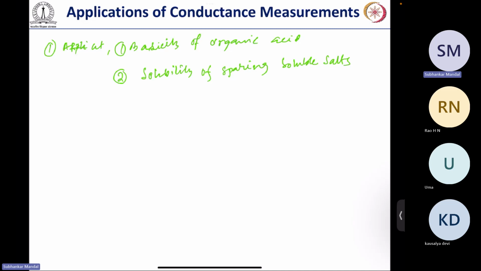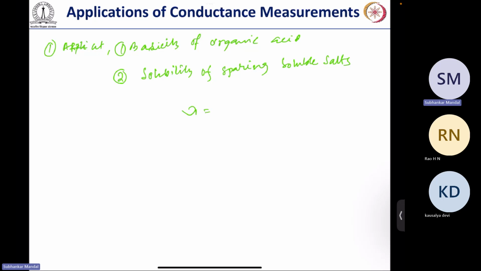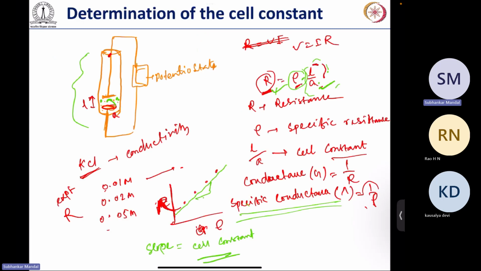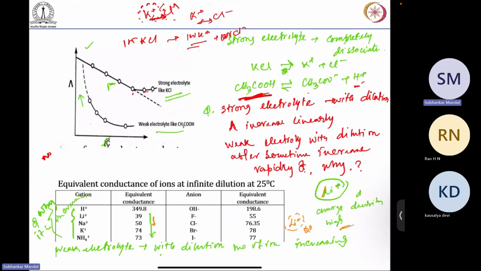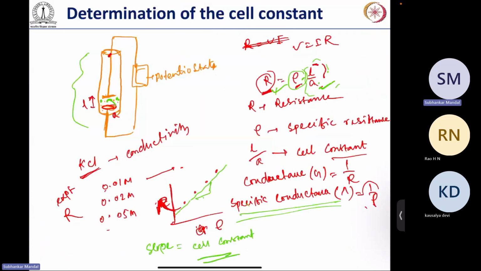Lambda is the specific conductance, and the equivalent conductance we already discussed earlier, that is lambda equals k into V, which I wrote in an earlier class, with V in cc, the volume in which one equivalent of the compound is dissolved.